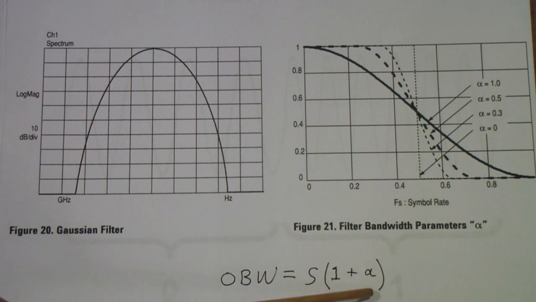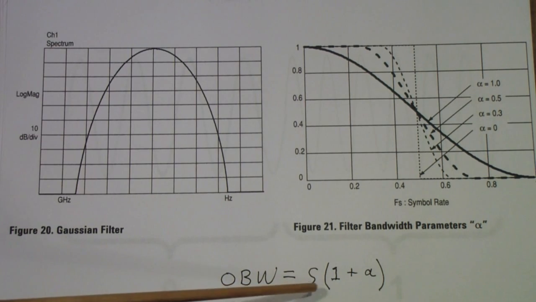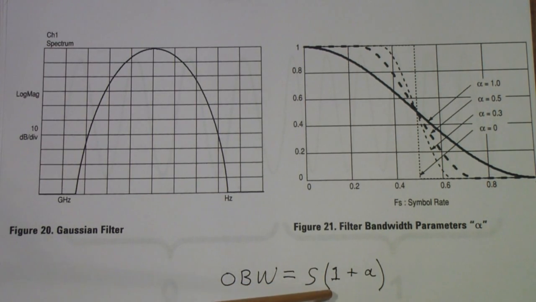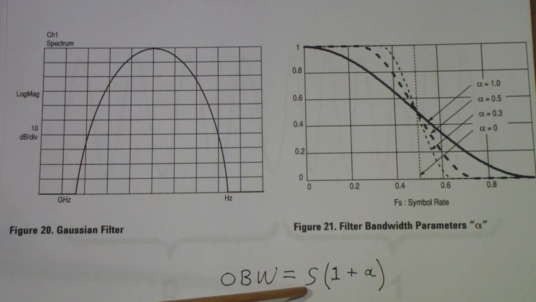So as alpha goes to 0, the occupied bandwidth goes down. With a Gaussian filter, the occupied bandwidth is 2 times the symbol rate. In other words, alpha equals 1, so 1 plus 1 is 2 times the symbol rate.